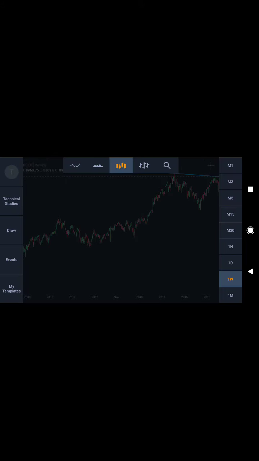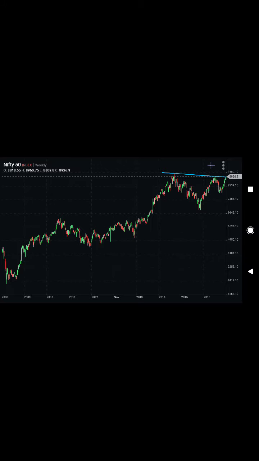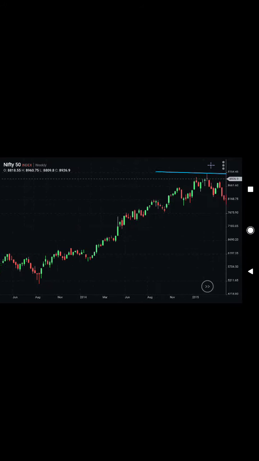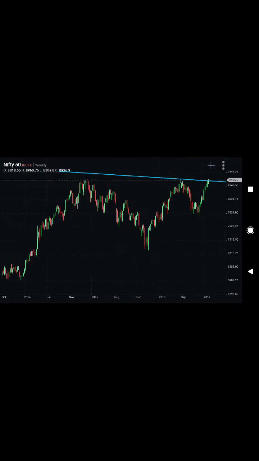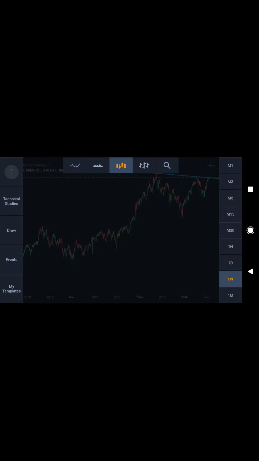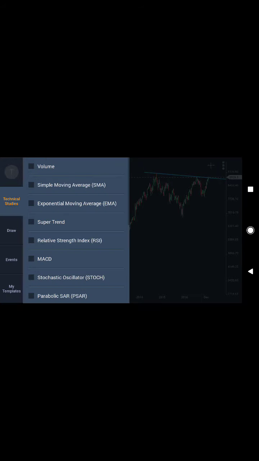And this is a weekly chart. So the size of the pattern is 1,000 on the handle and 2,000 on the cup. So from 9,000 to 9,000 plus 2,000, a target of 12,000 in the next 1 year is very likely if it gives a huge breakout, and if it holds.